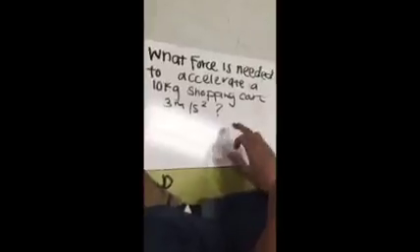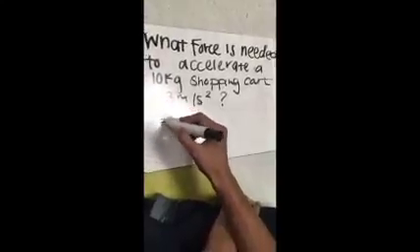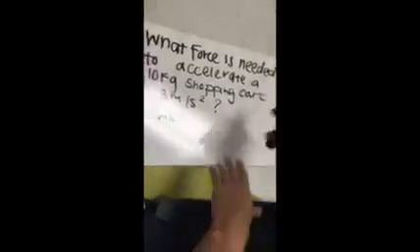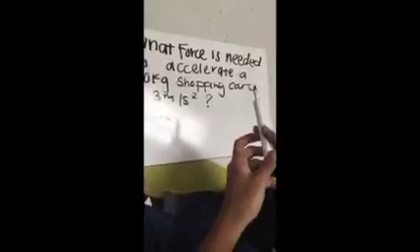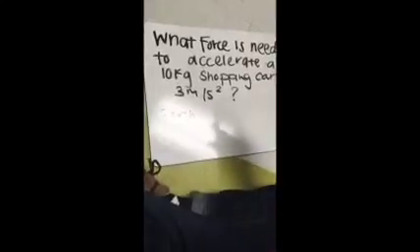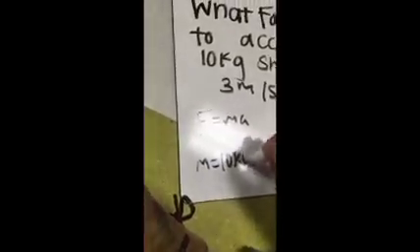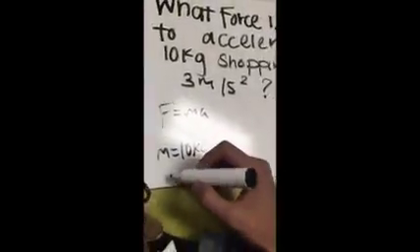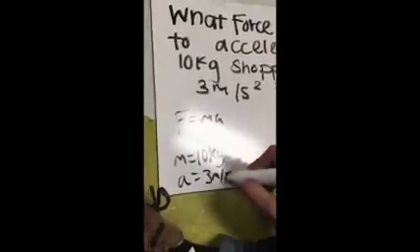To do an example of dynamics graphing, we're going to use a simple formula, F equals ma, for this type of problem. The problem states, what force is needed to accelerate a 10 kilogram shopping cart 3 meters per second squared? It gives us the mass, which is 10 kilograms, and the acceleration, which is 3 meters per second squared.